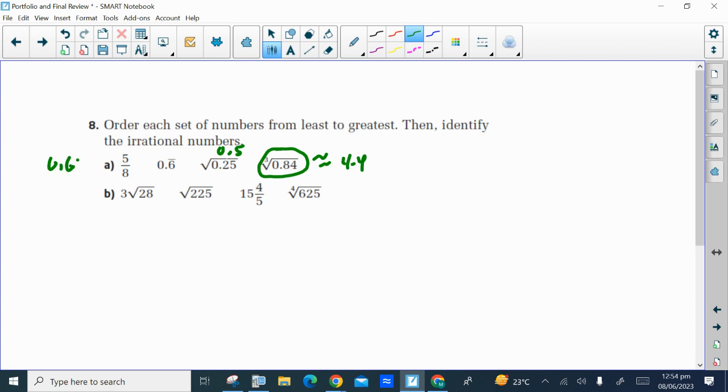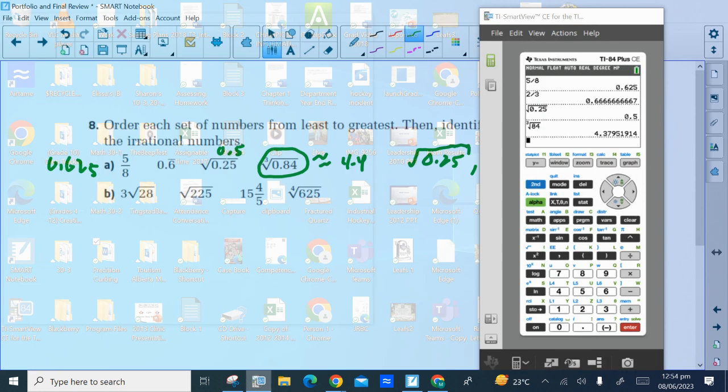This one here was 0.5. 5/8 was 0.625. So if we arrange them from smallest to greatest, the smallest number here is 0.5, so it's the root of 0.25. The next number would be 0.625, which is 5/8. The next number would be 0.6 repeating. And the last number, the largest number, would be the cube root of, oh, I'm sorry. Let me go back and check that again.